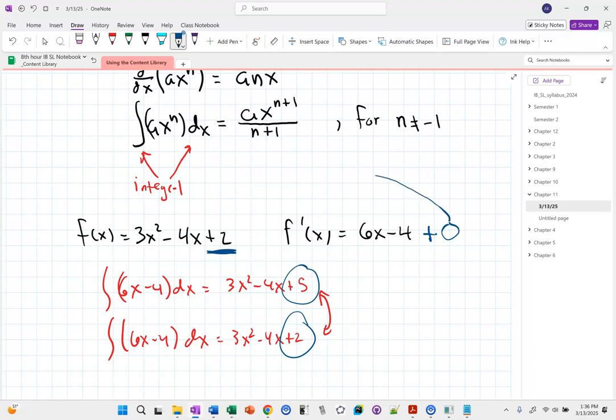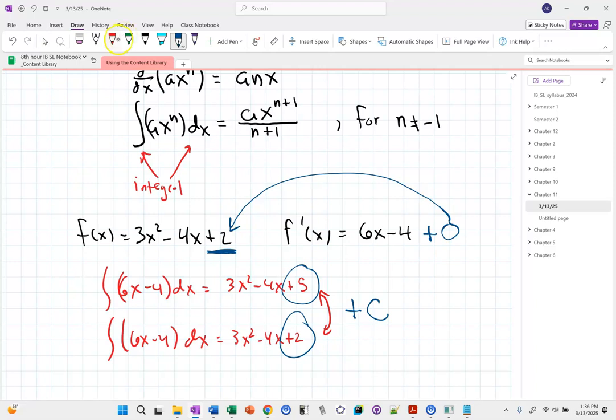And that number is now unrecoverable from our antiderivative, because we have no clue just by looking at f prime what that constant at the end was. So instead of writing a number at the end, we're just going to write plus c to acknowledge that there is some number at the end. We don't have enough information to say what it is.